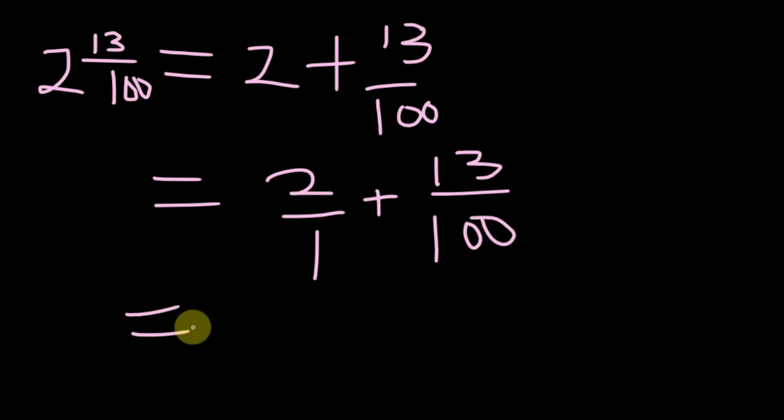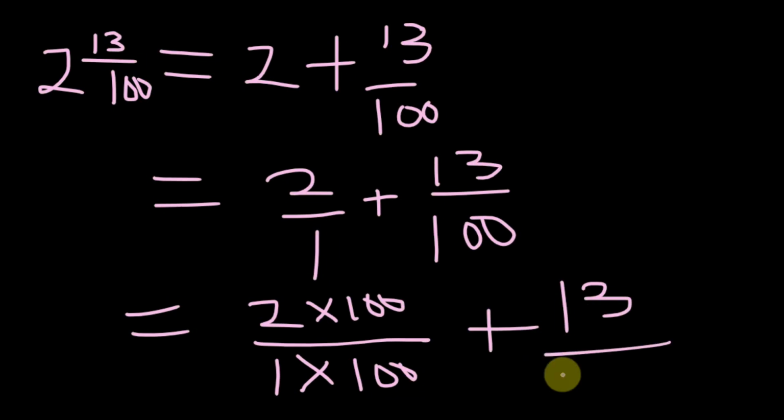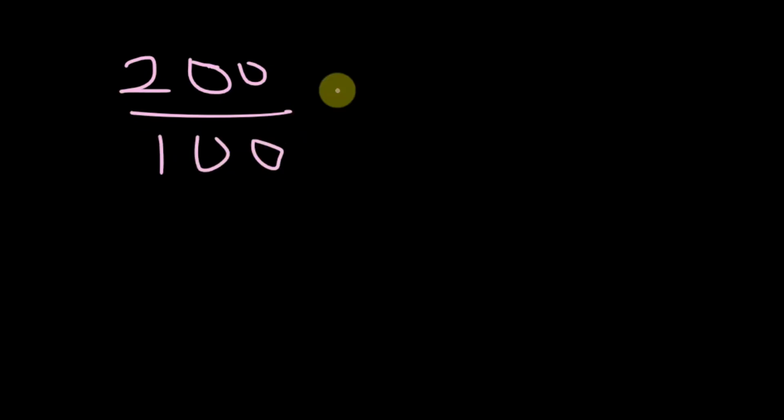Which then gives us 2 multiplied by 100/1 multiplied by 100, plus 13/100. 2 multiplied by 100 gives us 200, over 1 multiplied by 100, which is 100.